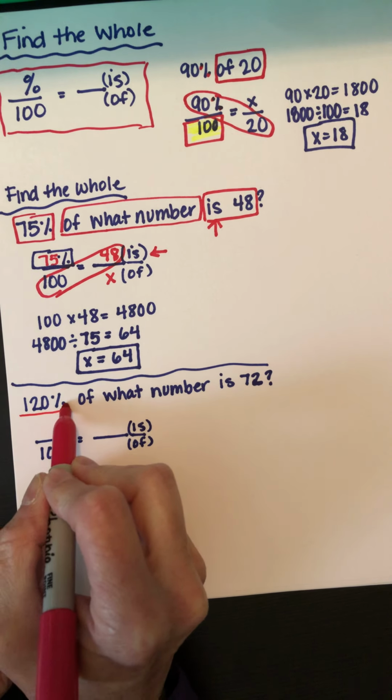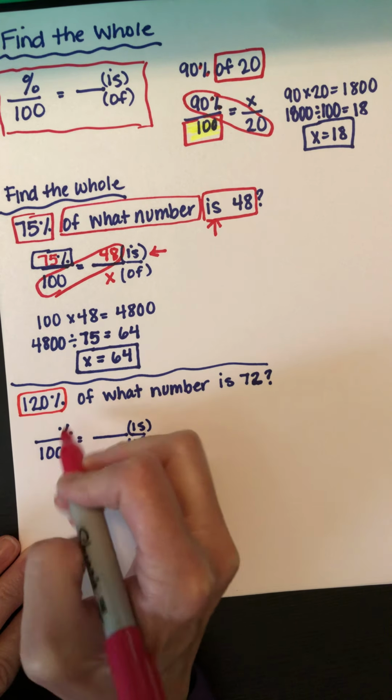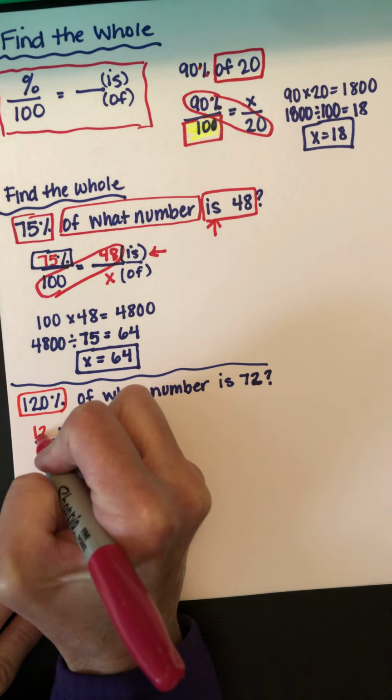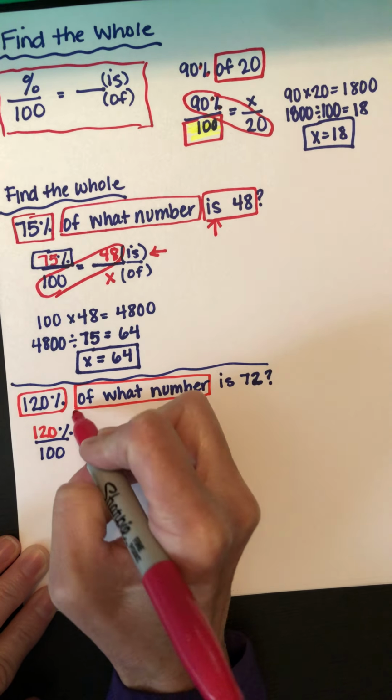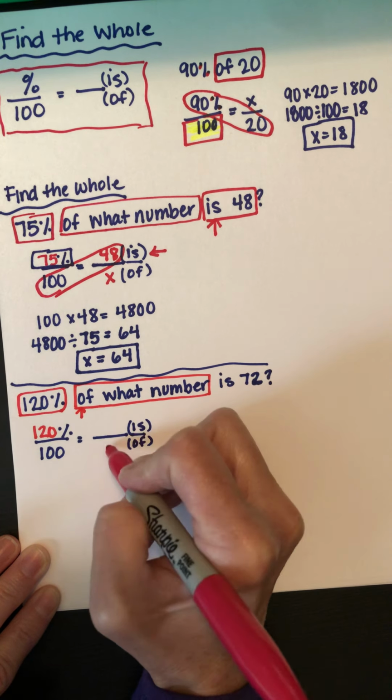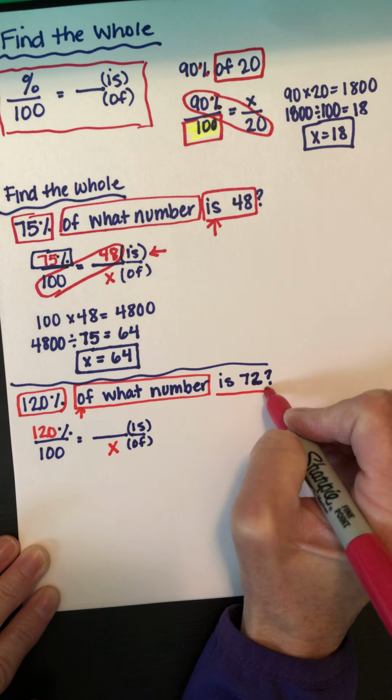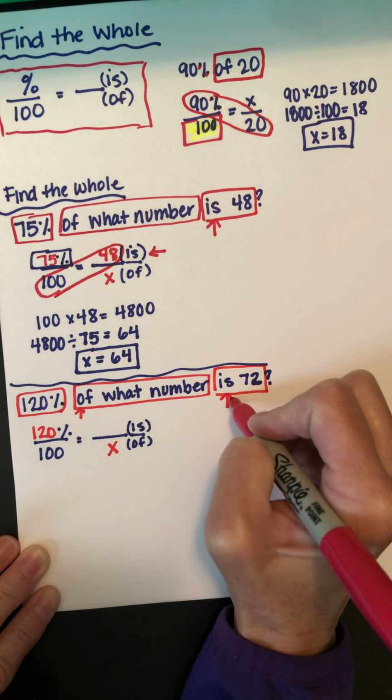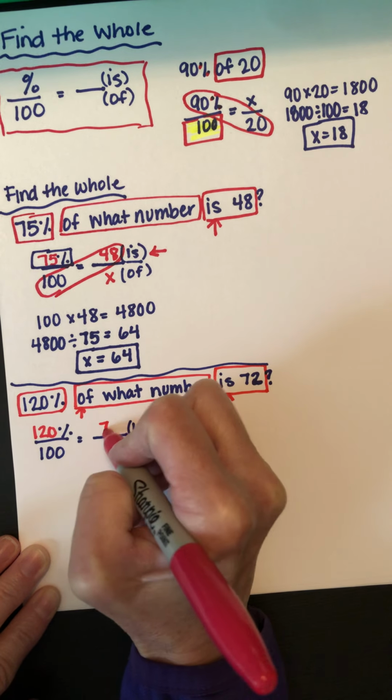I have 120%. Well, the percent sign gives it away that it goes here. Of what number? Well, we don't know our of, right? We don't know. Is 72. So the "is" gives it away that we put it here.